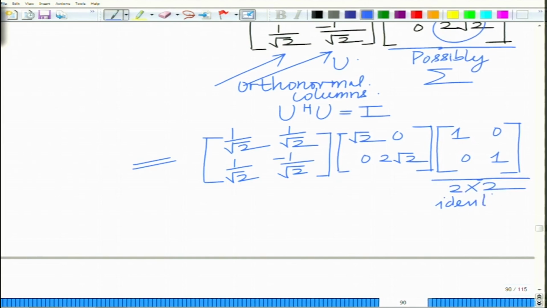This is the 2 cross 2, and this can be your V Hermitian, that is it.